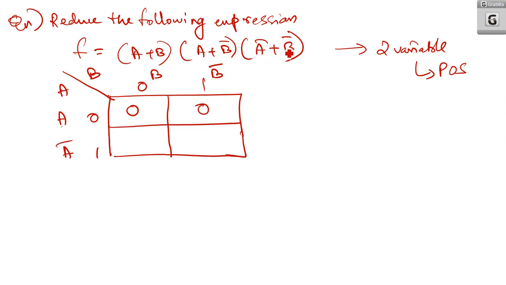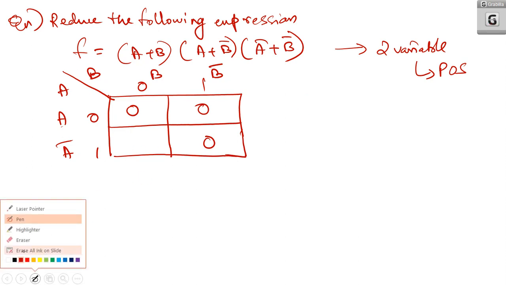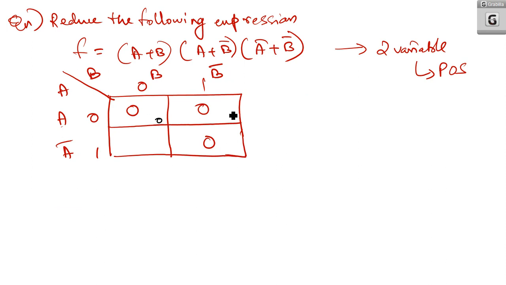Third term is A bar or B bar, that is this term. Now if you are writing the corresponding max terms, this is 0, 1, 2 and 3. The corresponding max terms we can write as F is equal to pi capital M 0, 1, 3.